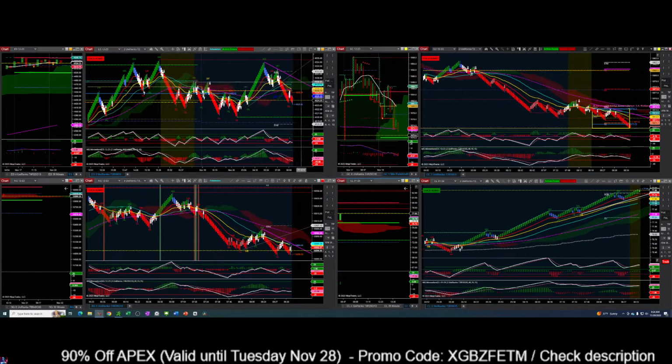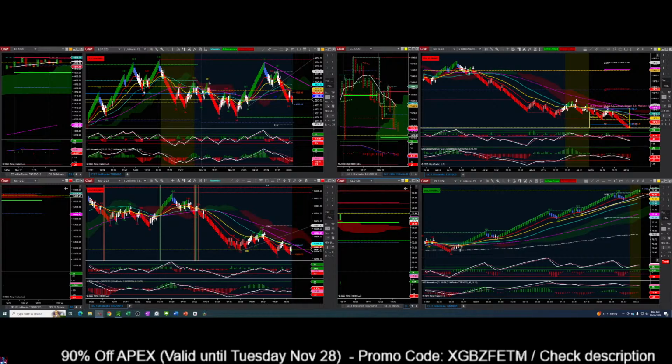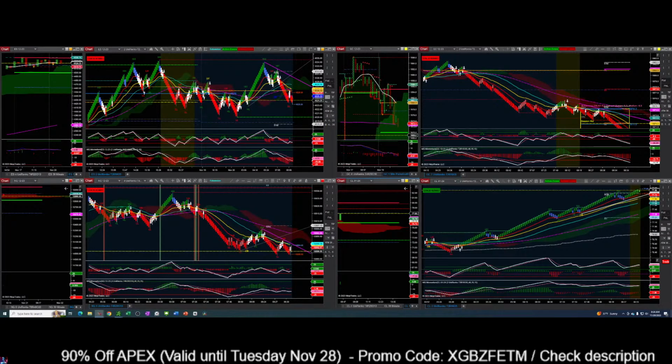Let's go to the 34, and gold is breaking to the downside. Let's see gold here. It's breaking, and right now we are at support, I'm sorry, and it's breaking support as we speak.